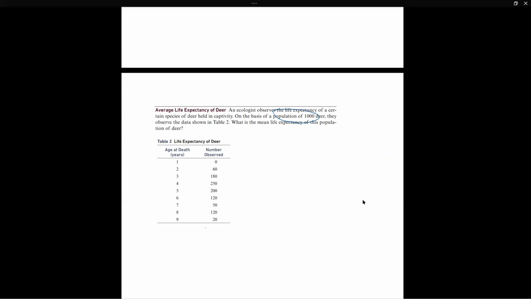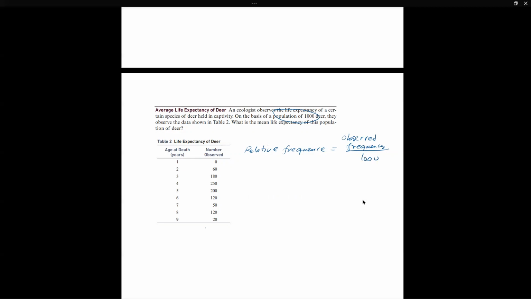So the relative frequency is going to be the observed over the 1,000, which is there.